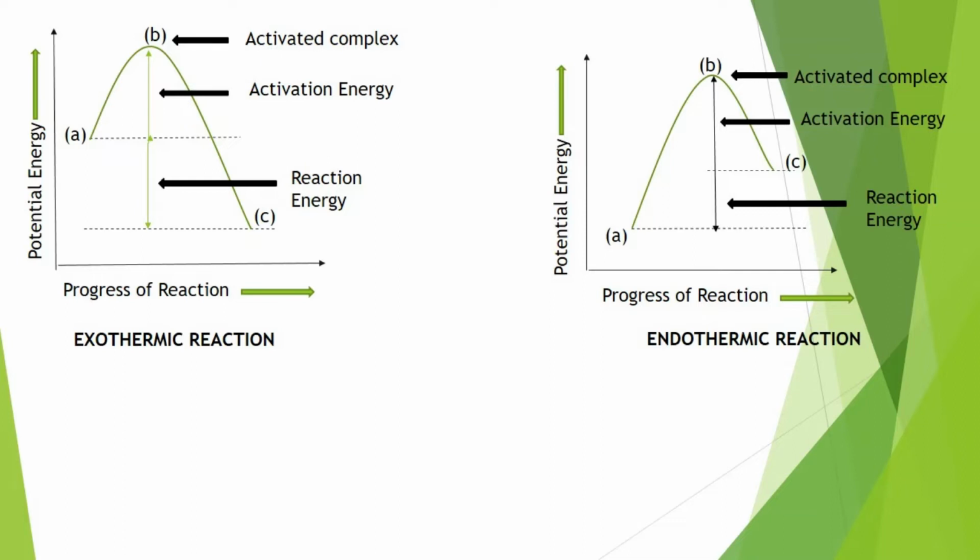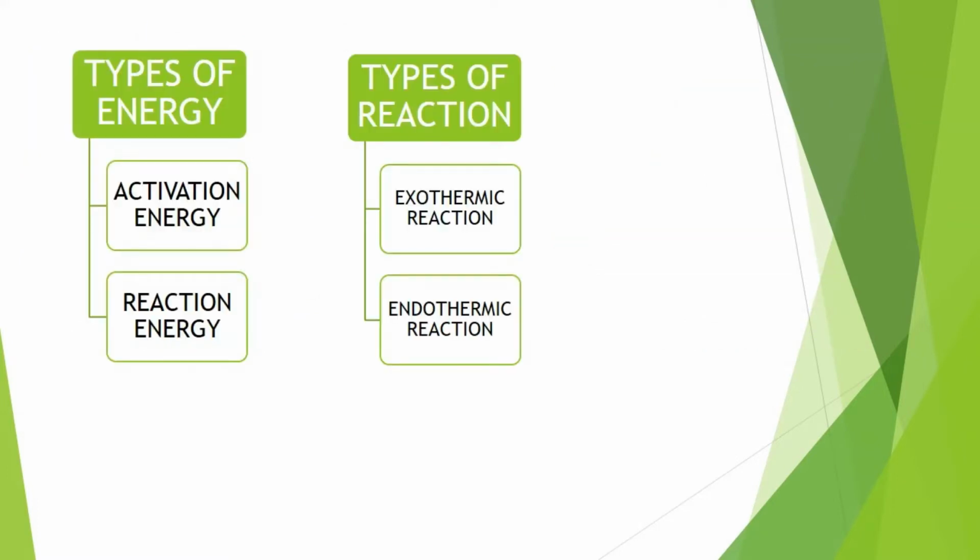These two diagrams are plotted between potential energy and progress of reaction and are known as energy profile diagrams. So there are two types of energies, activation energy and reaction energy, and two types of reactions, exothermic and endothermic.